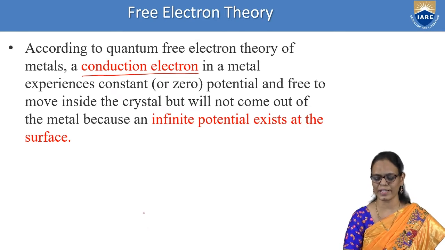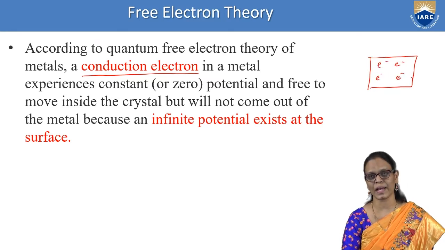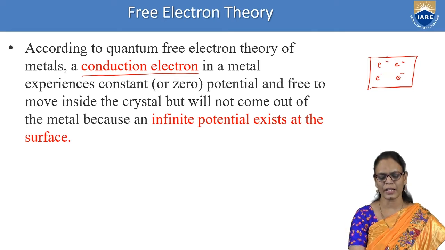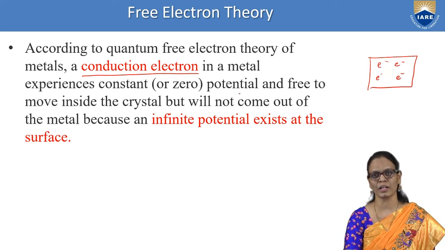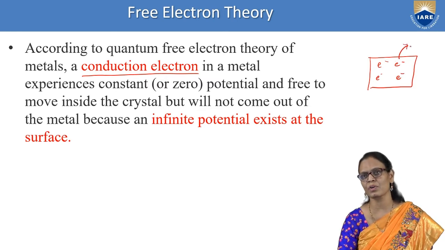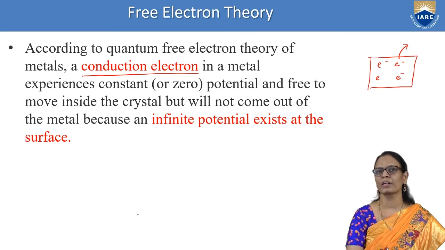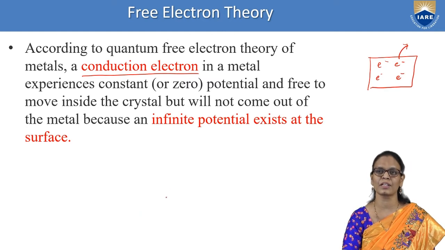For that, what they said is that in a metal there are free electrons, and these electrons are free to move inside the crystal in a region of constant potential, but they cannot come out of the metal. Only those electrons which can come out of the metal will participate in conduction. That is what the quantum free electron theory says.